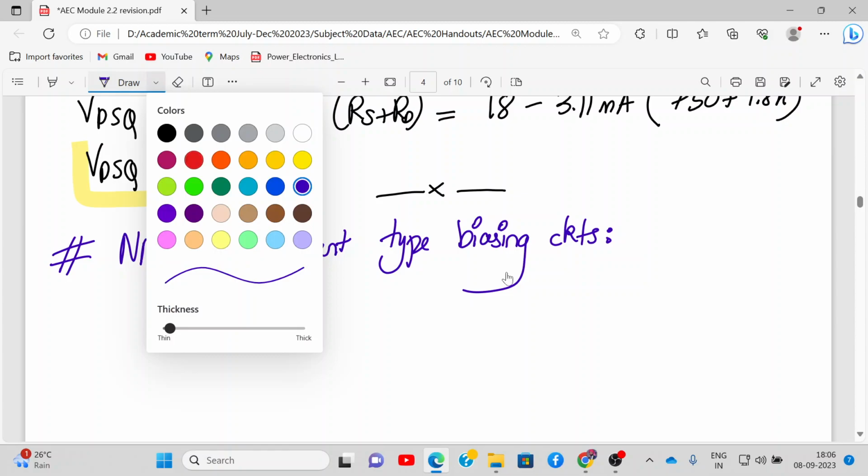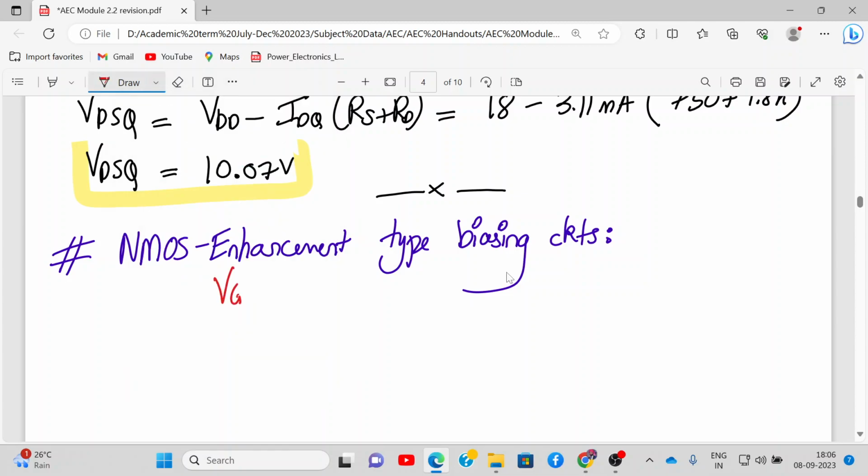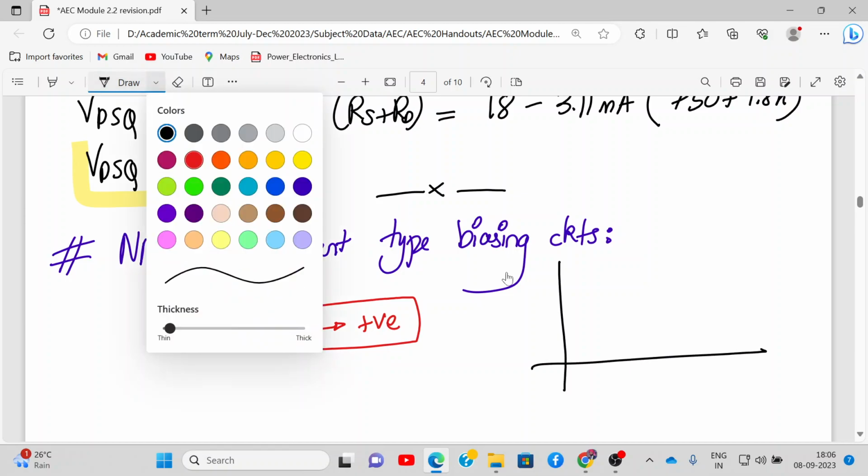So for NMOS type enhancement biasing, we know VGS has to be greater than VTN. That means VGS can only take positive values. Remember, in a depletion type, VGS can take 0, negative and positive value, but in enhancement type NMOS, it will take only positive value. Why? Because if we check the transfer curve, it will look like this.